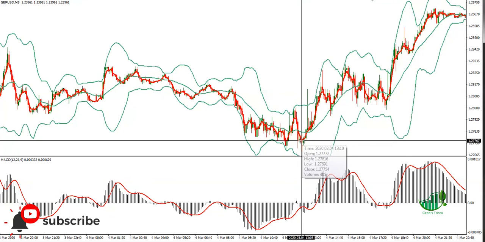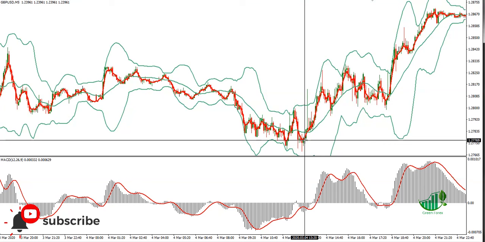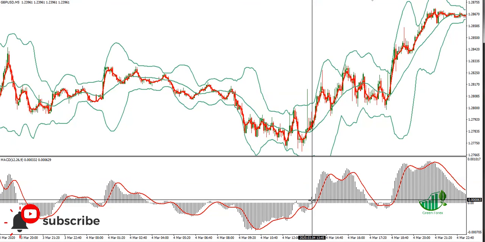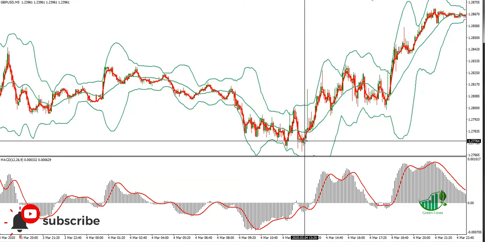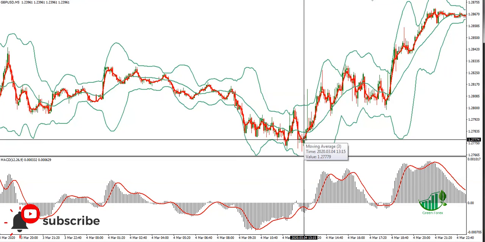Now you can see over here that whenever the market crosses the middle line, at the same time the histogram is creating above point 0, so it's a very good chance of buy. Keep in mind that in this indicator both conditions should be fulfilled.